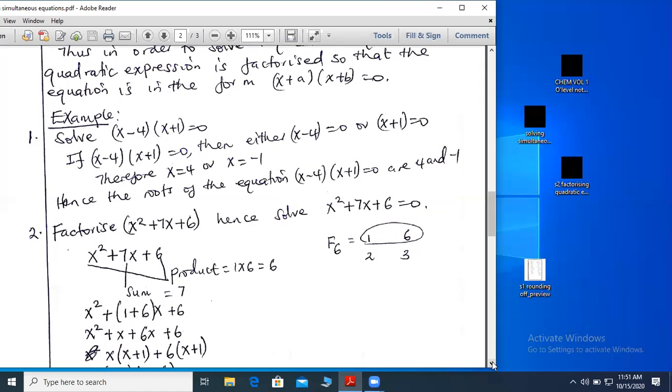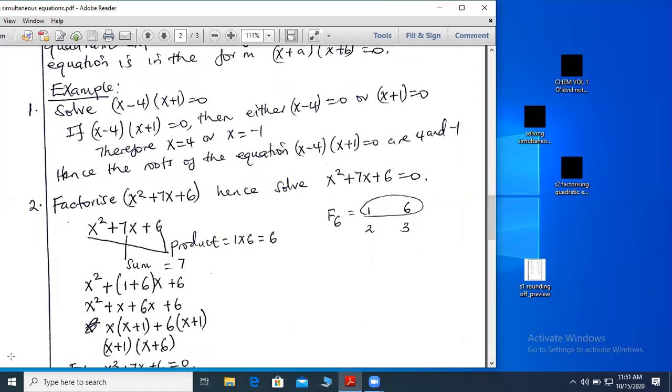Good. So that is the factorization part, yeah? So we have now answered this part that says factorize. Now we go to the hence part. Hence solve this equal to 0. Now we have already agreed that this x squared plus 7x plus 6, when factorized, is equal to this.